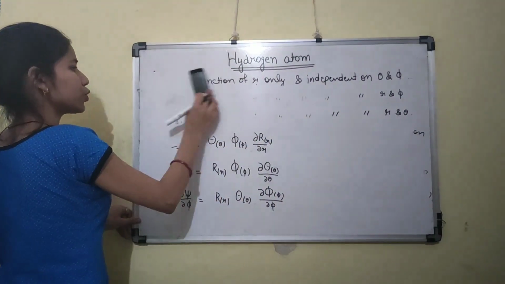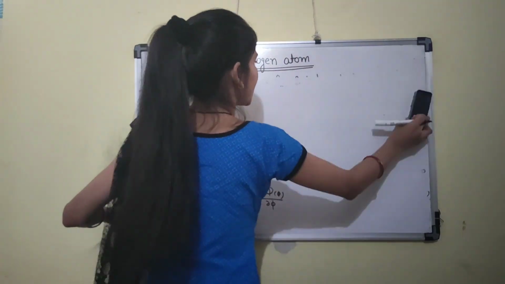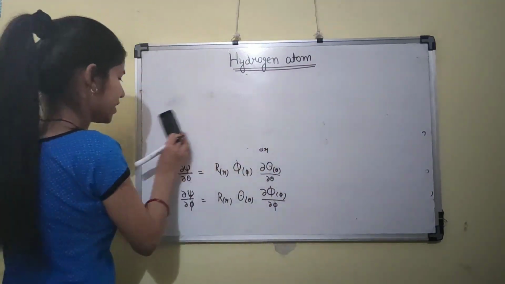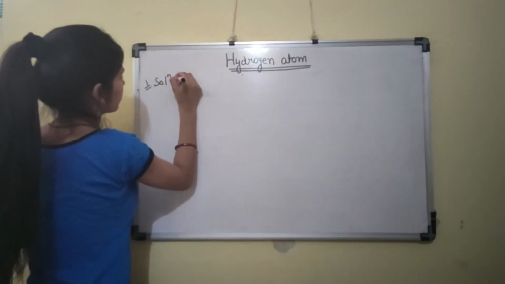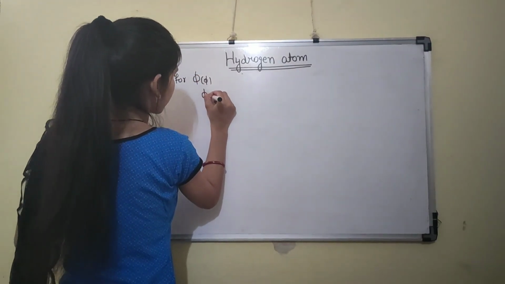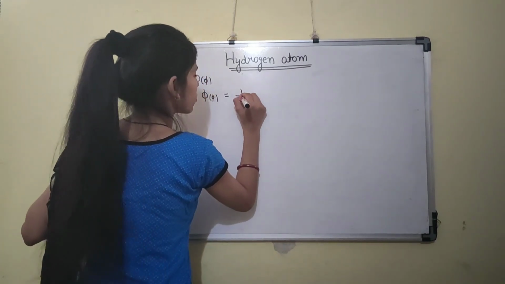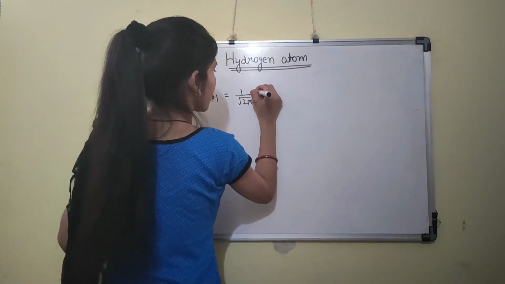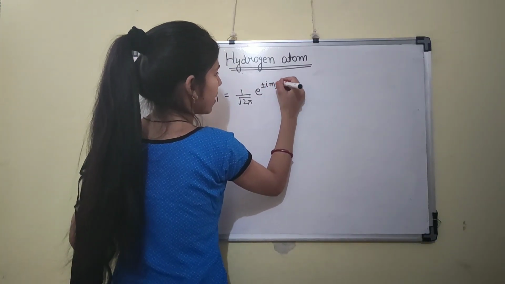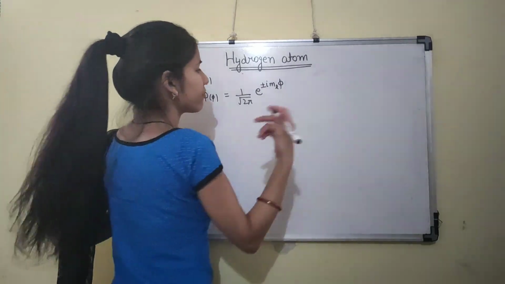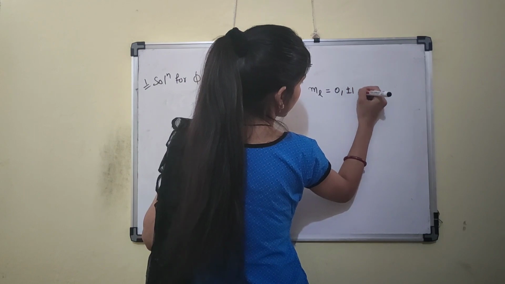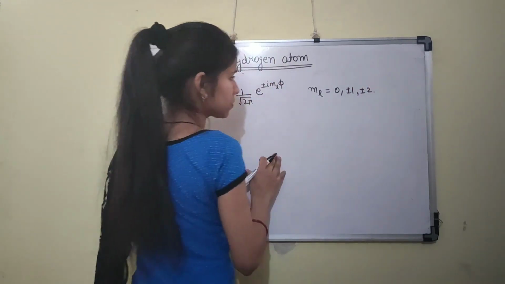Now the solutions for Phi, Theta and R are given by these equations. The solution for Phi is 1 by under root 2 pi e raised to the power plus minus i m l phi, and in this the value of m l is 0, plus minus 1, plus minus 2.